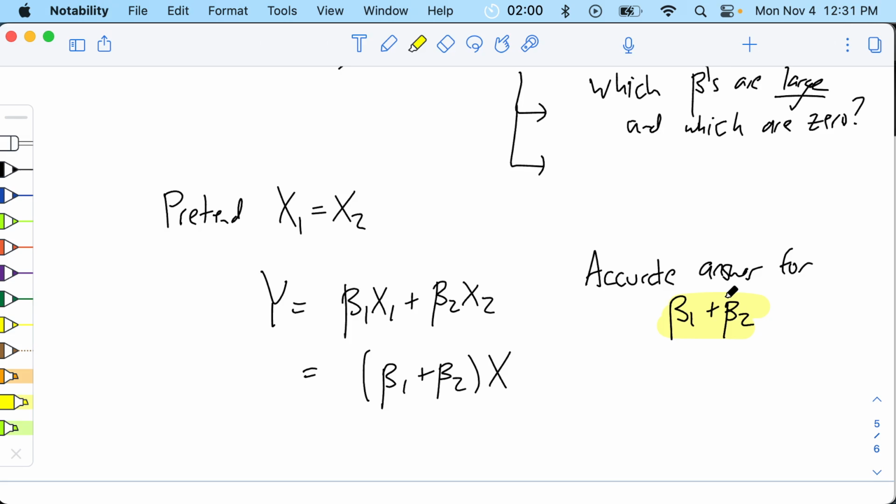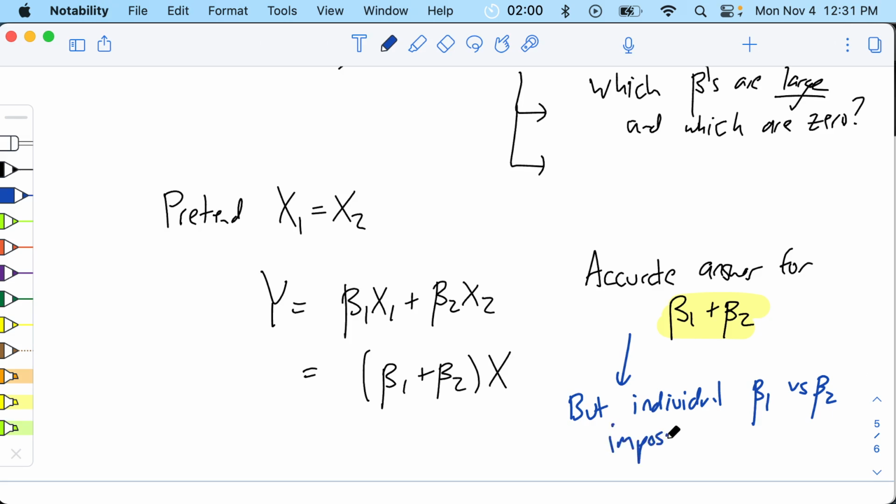But the individual beta 1 and beta 2 will be totally random, impossible to distinguish. In your model, you don't know if it's beta 1 or beta 2 causing the effect. The sum of the betas will accurately predict y, but you won't know which one is which. So you'll know the sum, but not the individual parts.